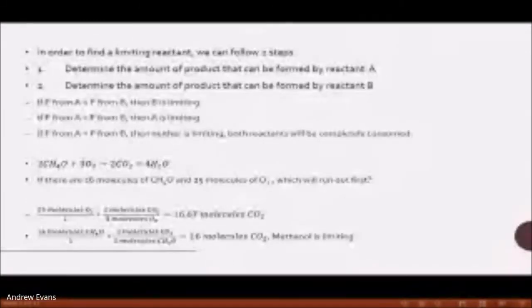If I had 16 molecules of methanol, for every 2 molecules of methanol, we form 2 molecules of CO2. In this case, you'd get only 16 molecules of CO2. So if the oxygen is fully used up, I get 16 2/3. If the methanol is fully used up, I get 16.